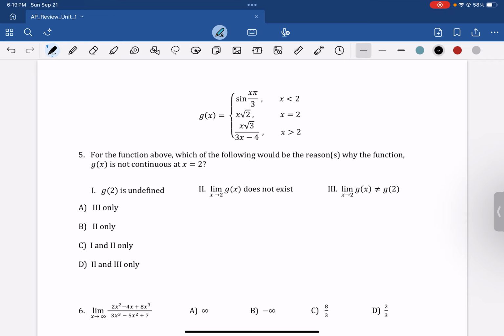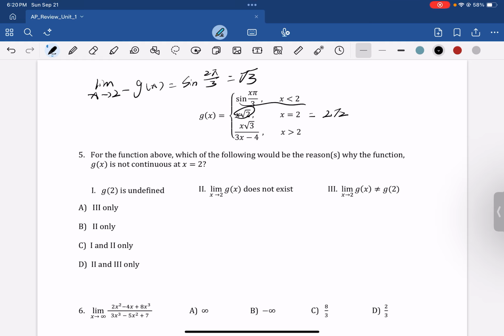If the limit as x approaches 2 from the left-hand side goes to this function g of x, it becomes the sine of 2 pi over 3. So double check your unit circle and you will get root 3. Alright, for x equals 2, it just goes to this one, which means it's 2 times root 2.